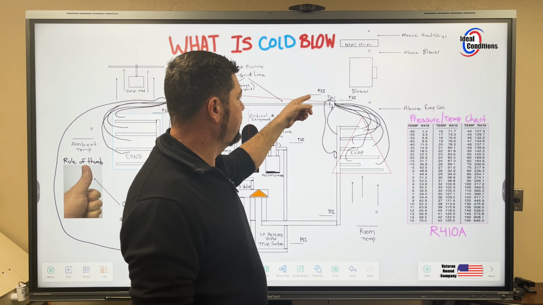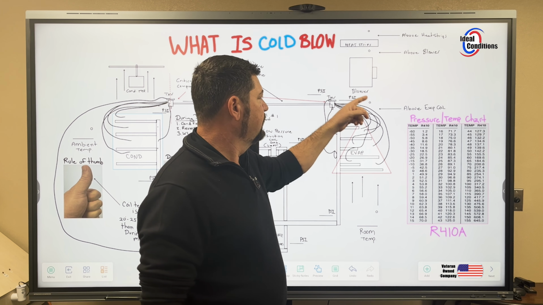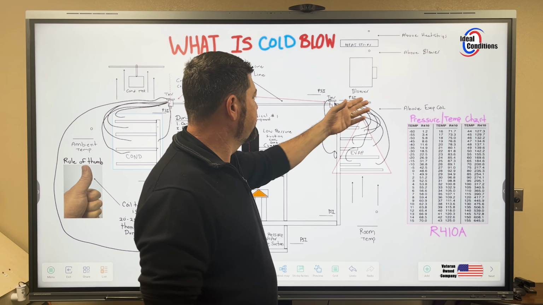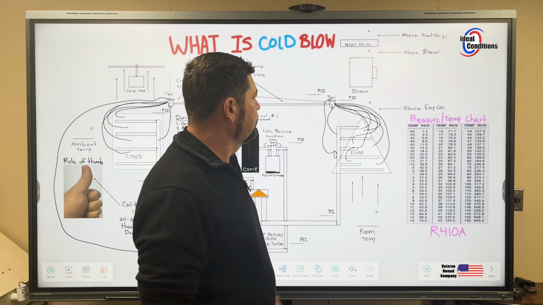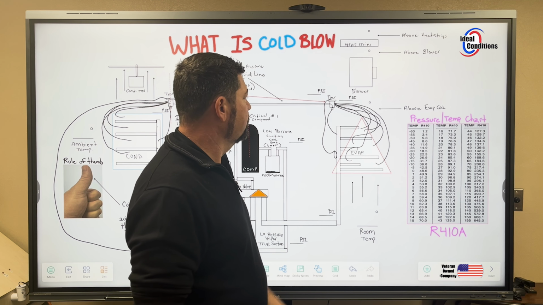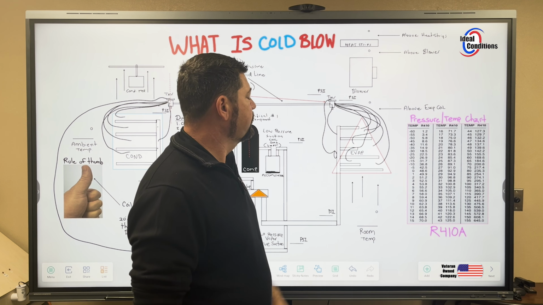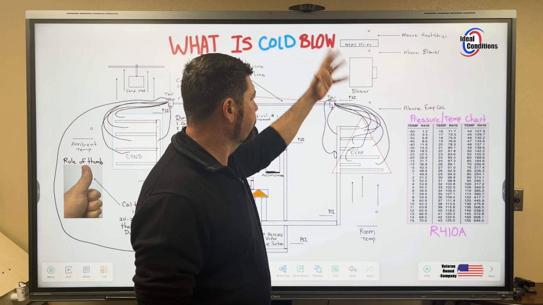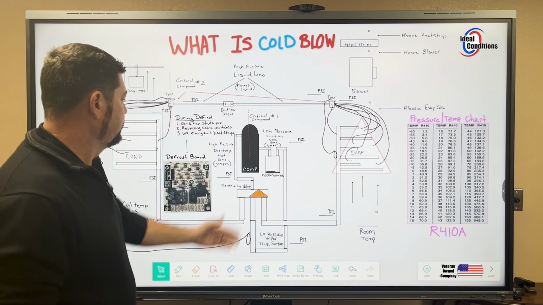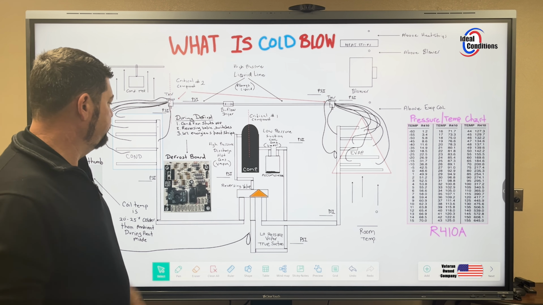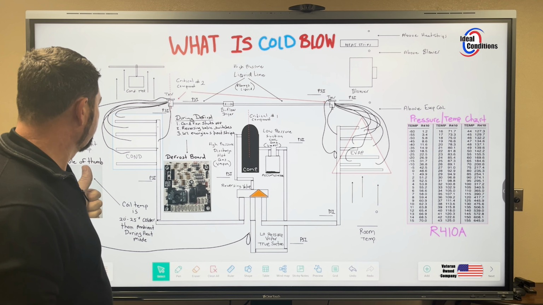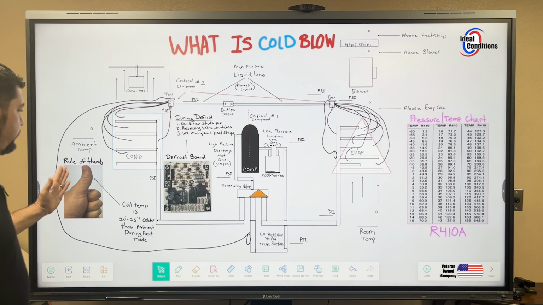You'll notice that I have lines with PSI and lines with temperatures where we're going to be seeing what temperatures are throughout the entire diagram. Accumulator, compressor, reversing valve, defrost control board. Over here, picture of my thumb, the rule of thumb.